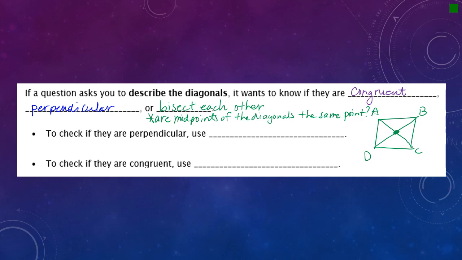Okay, the main thing we're going to be focusing on, though, is if they're perpendicular and if they're congruent. So if they're perpendicular, you want to use the slope formula. And what you're looking for specifically is if their slopes are opposite reciprocals, because that means that they are perpendicular.